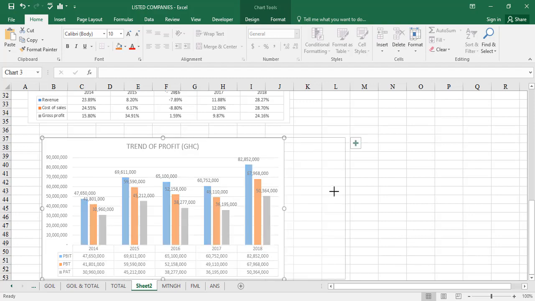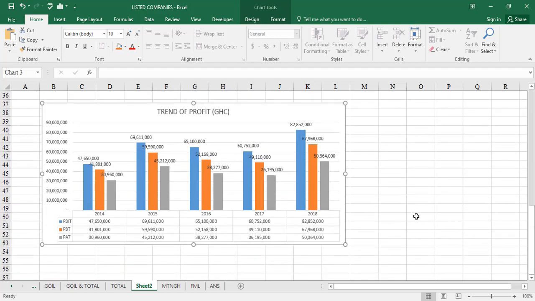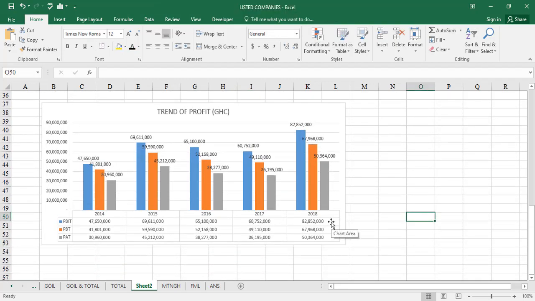So this has been the trend of the company's or Total Ghana's profit from 2014 to 2018.